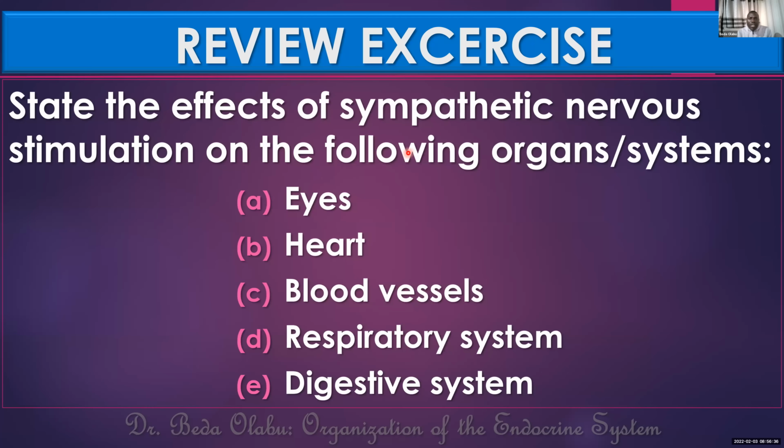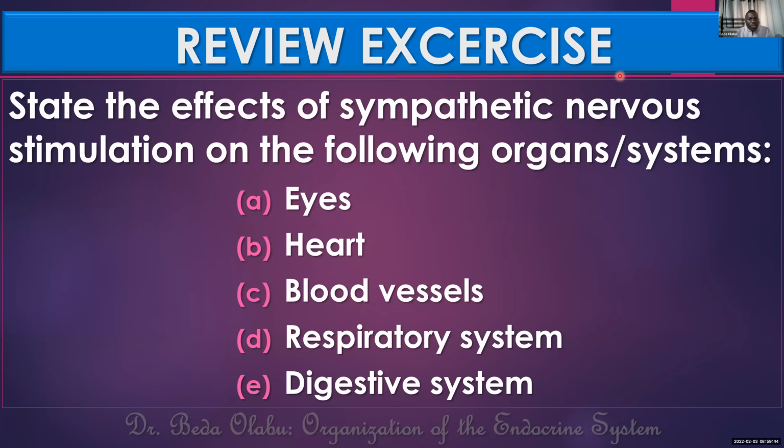So maybe I give you a minute or two to just review the effects of sympathetic nervous stimulation on those organs, which means the effect of adrenaline on those organs. You have a minute. Right, you should be ready with that now. So now we can proceed.